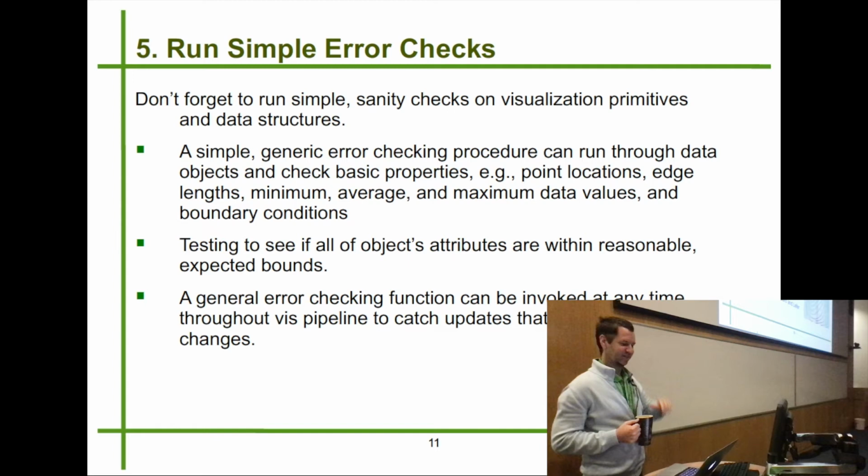It's just a simple error check that you can say, okay, run error check, and it tests all the objects and gives a report back, right? That's a very useful debugging tactic. And you can imagine, it's not very difficult to imagine having a method that you have in any object that's just called error check, and the object checks its own data attributes, its own member variables, to see if they're within reasonable bounds.